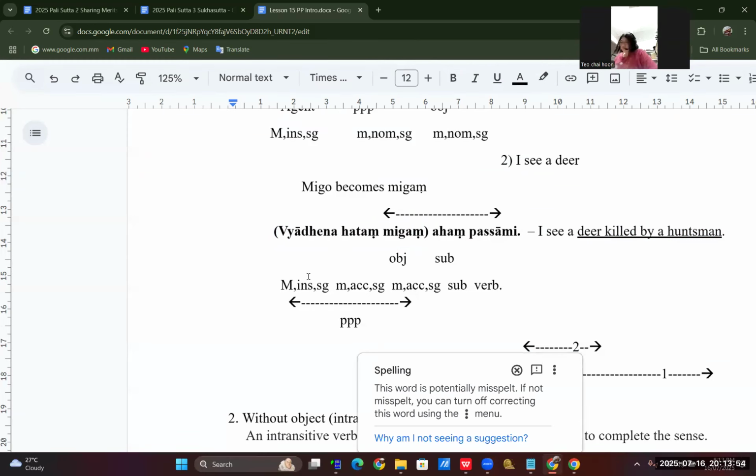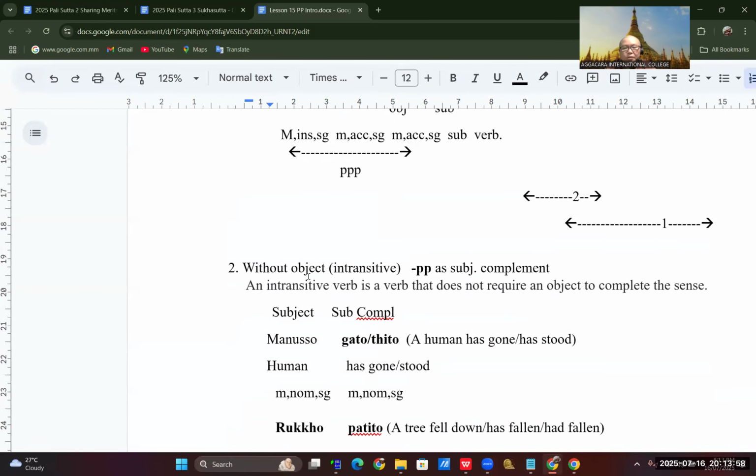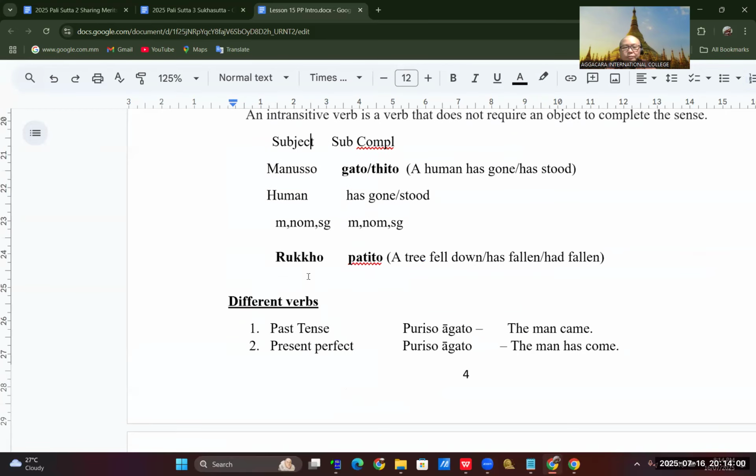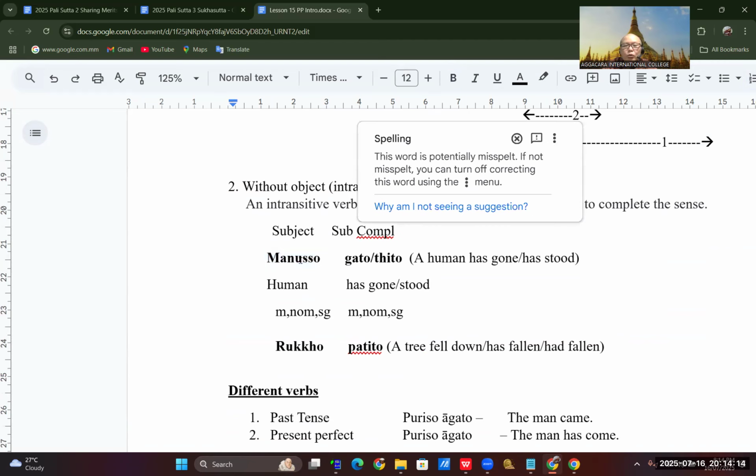Now, what if we don't have the object? This is an easier one. Without an object, we call it intransitive. So this PP is just a subject complement. The subject will be like manusso, human. So the subject complement will be gato. A human has gone.